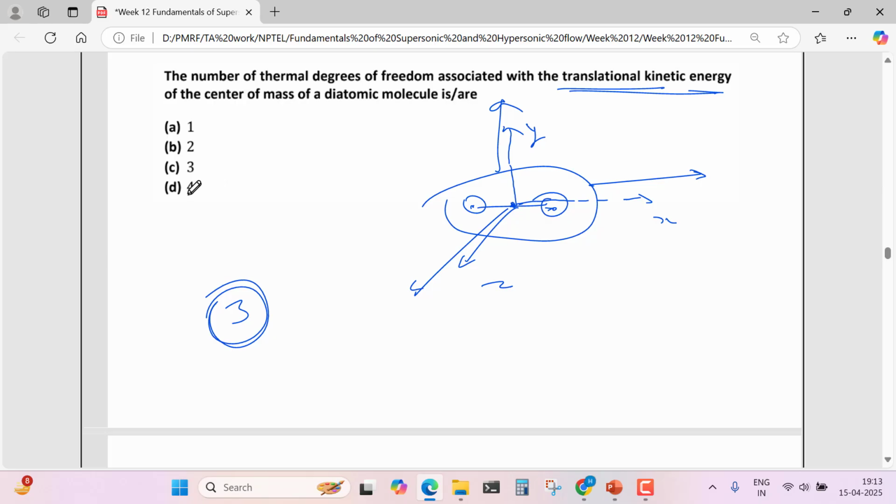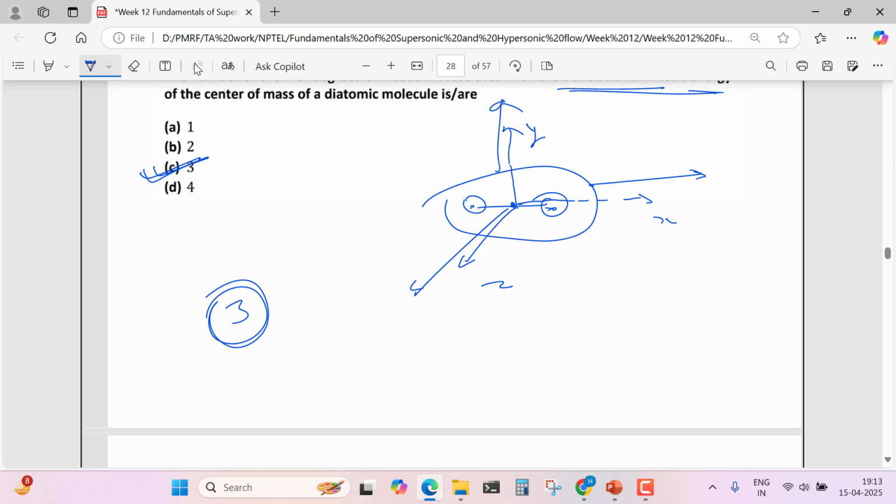So the answer for this problem will be option C, 3. So we'll see the next problem.